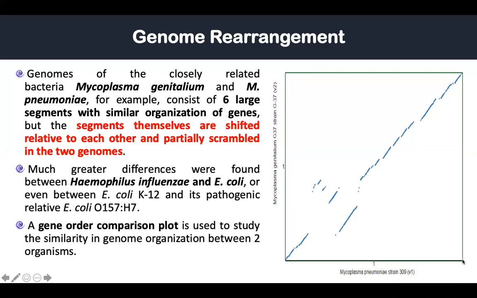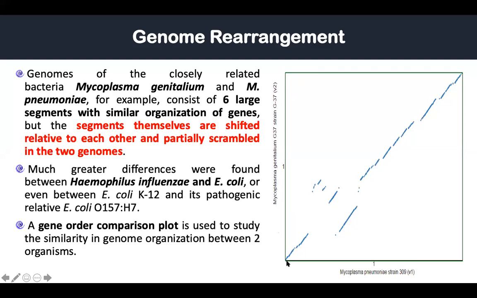The last position here is the 4 millionth base. Similarly, the y-axis represents Mycoplasma genitalium's genome sequence. Position 1 is at the 0, 0 coordinate, and all the way, let's say again 4 million bases, the genome is 4 million bases. The 4 millionth base is at the end of the y-axis.